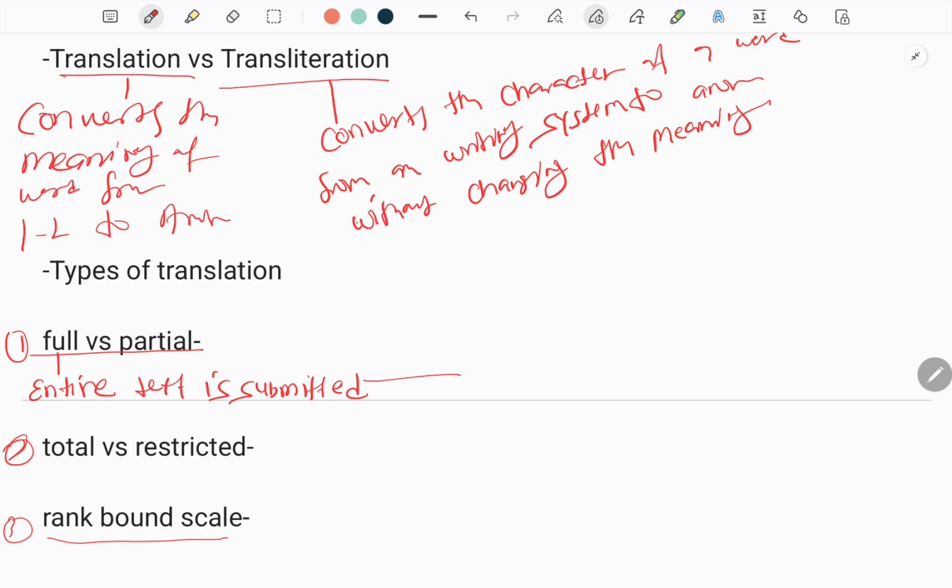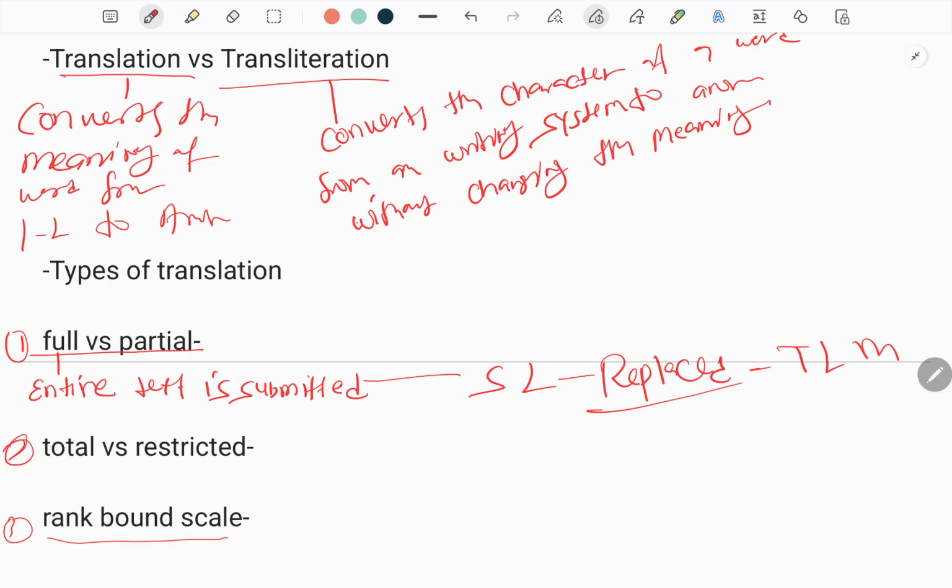Every part of the source language text is replaced by the target language material. Simply, in full translation the whole source language textual material is replaced by the target language textual material.